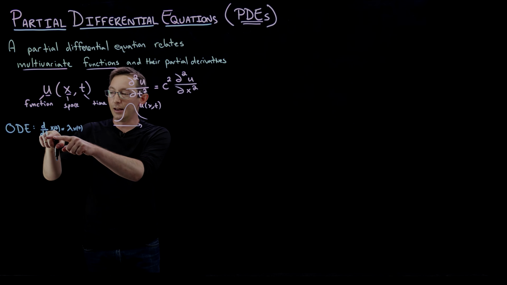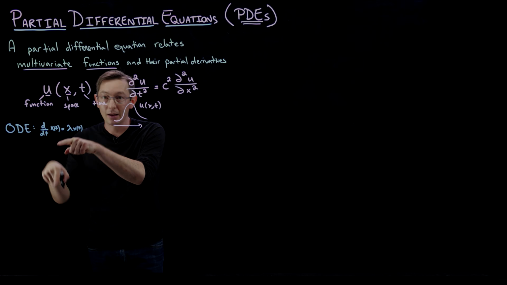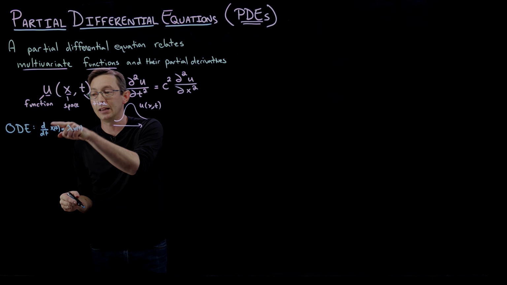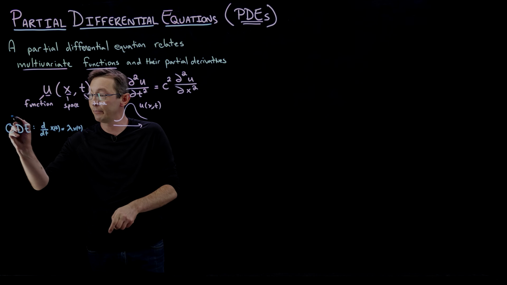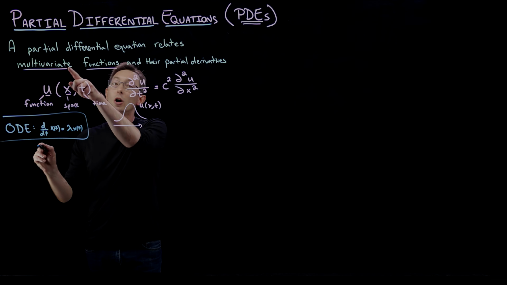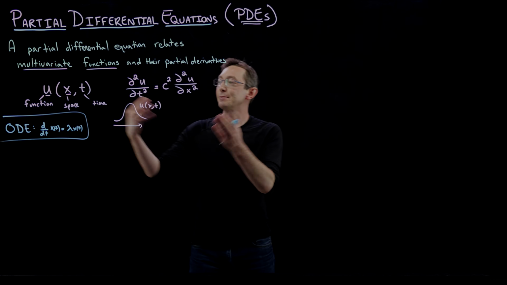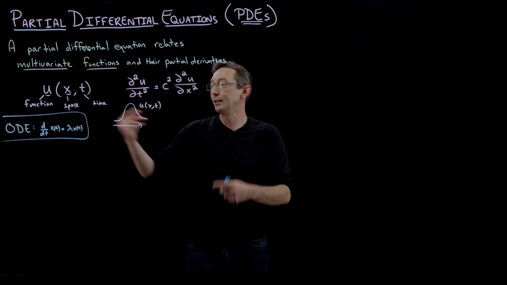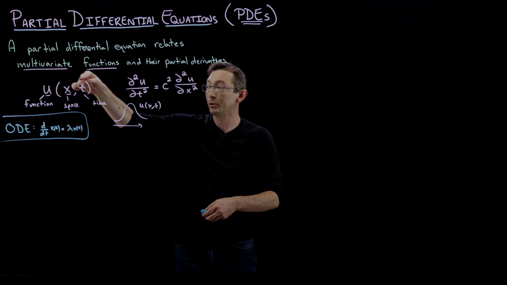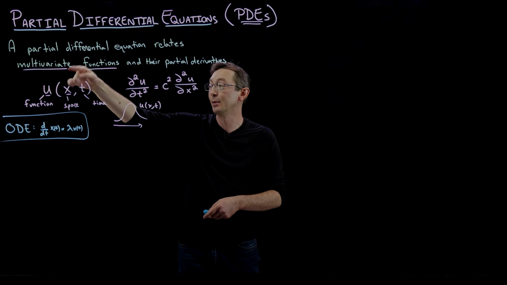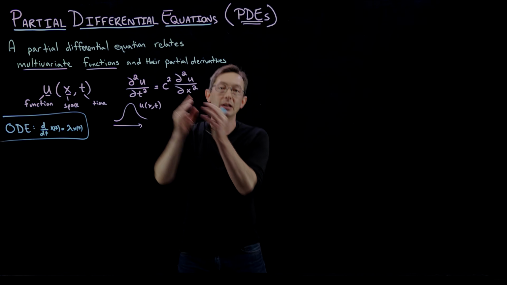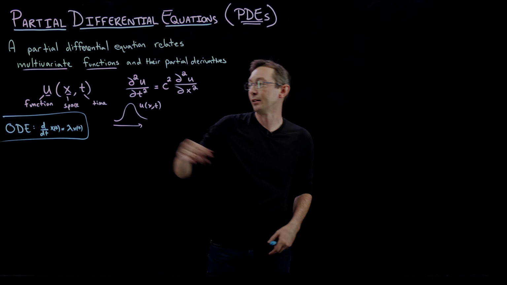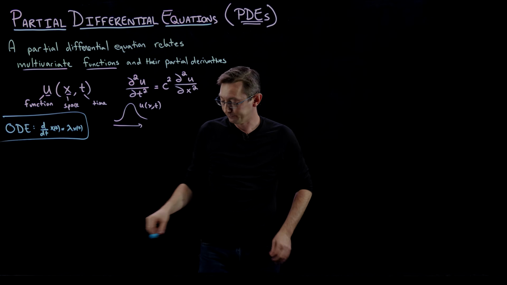I have an independent variable time, a dependent variable x, and I'm only taking derivatives with respect to that independent variable time. Whereas partial differential equations have multivariate dependencies. It's a function of multiple variables, x and time in this case, or maybe even multiple spatial dimensions. So I have to think about partial derivatives with respect to each of those independent variables. Okay, good.